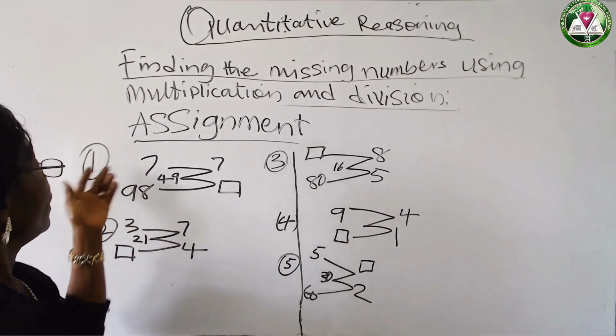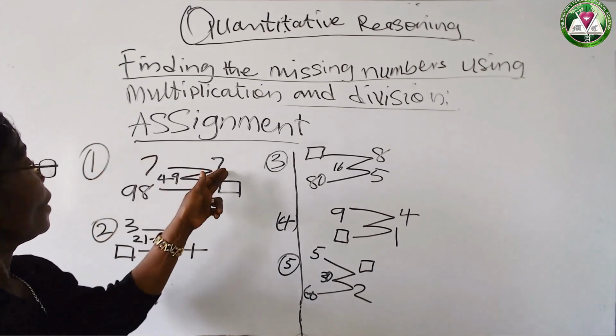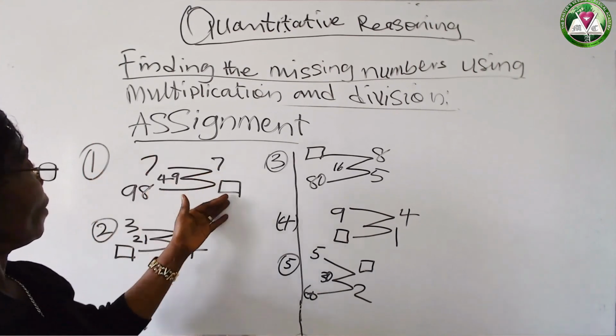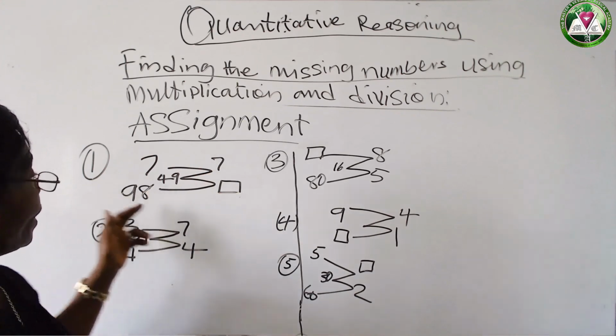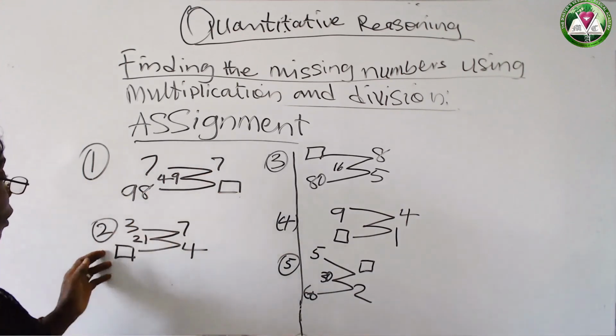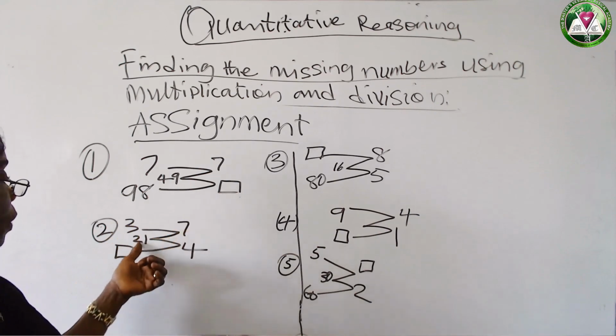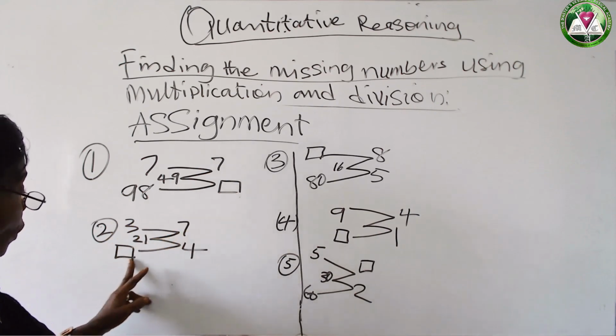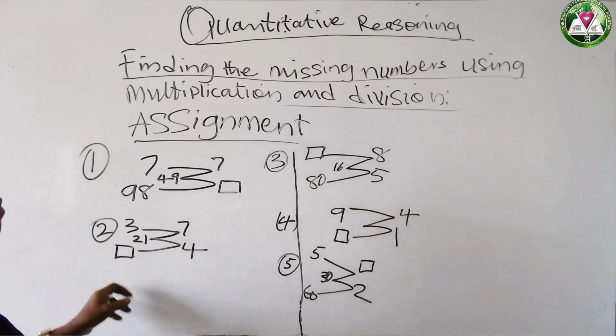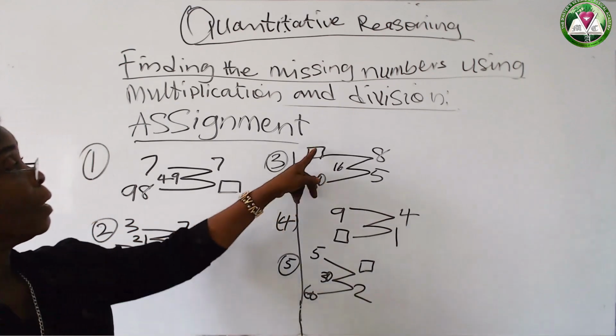Number 1. Here is 7, 7, 49, box, and 98. Number 2, you have 3 here. You have 7, you have 21, you have 4, box. Write what should be in the box. Number 3, this is a box.